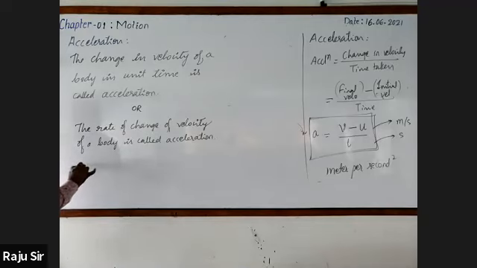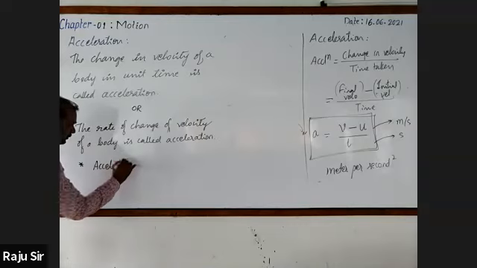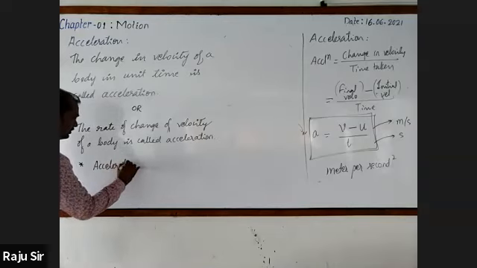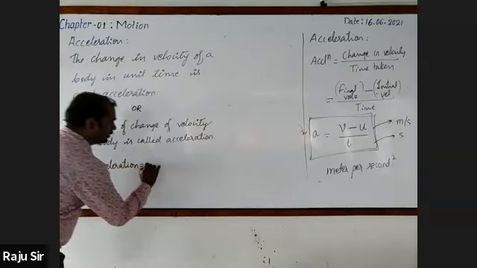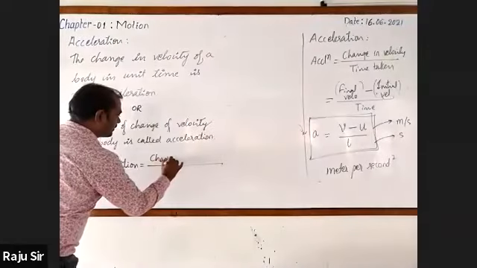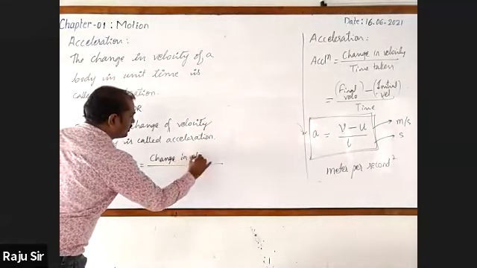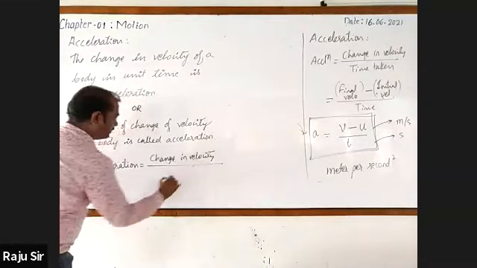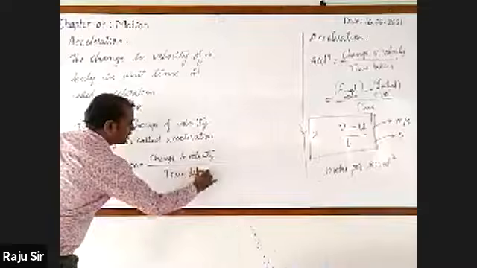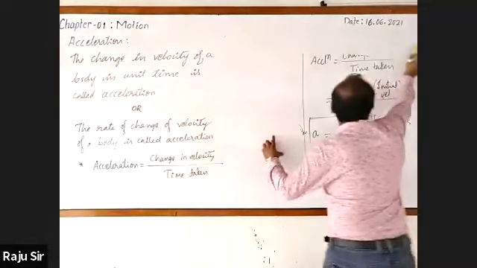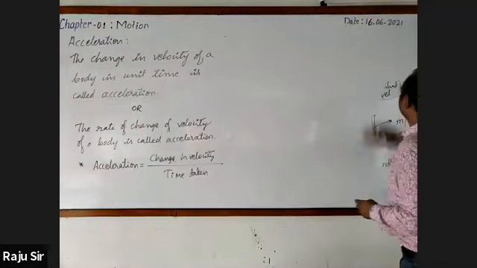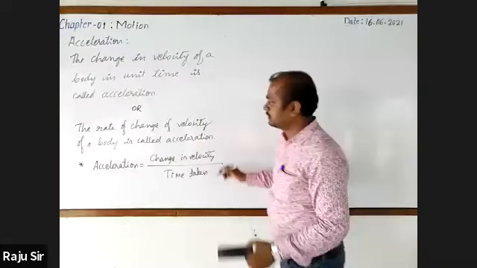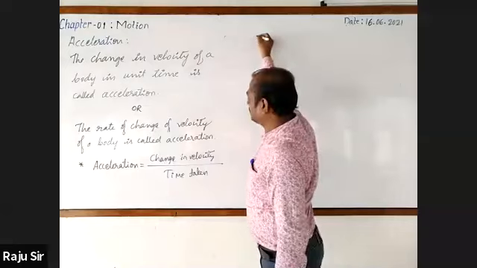Now write the formula. Acceleration is equal to change in velocity divided by time taken. Next, write another way.